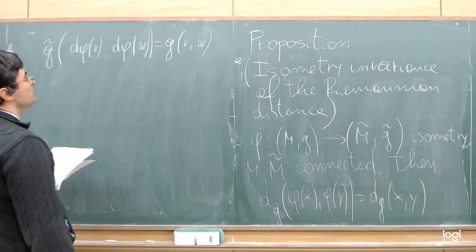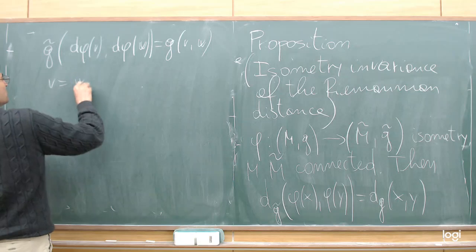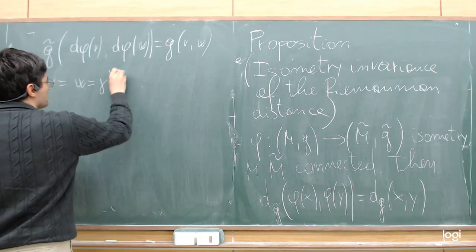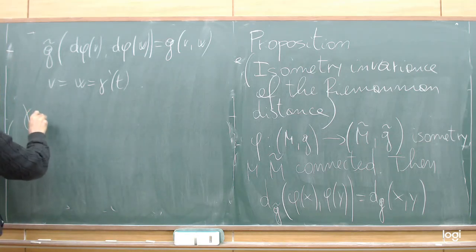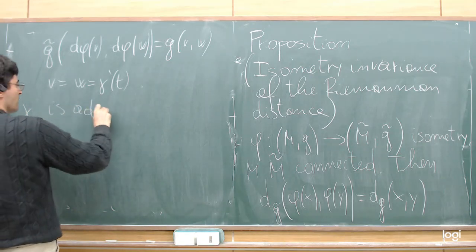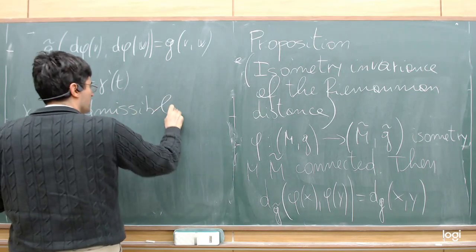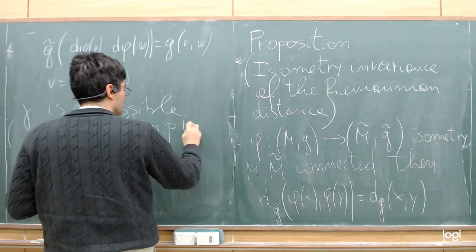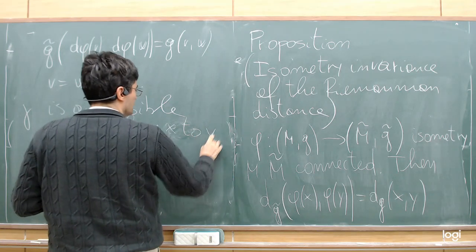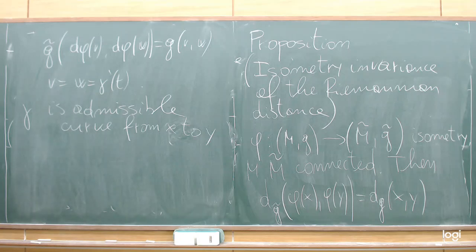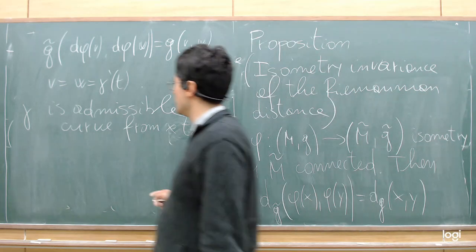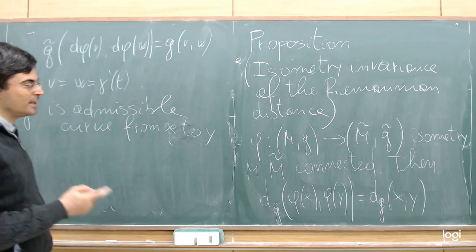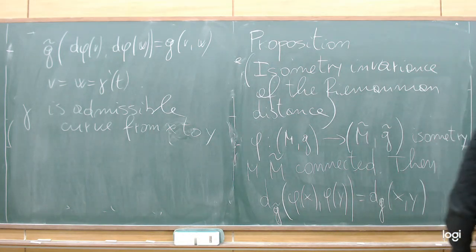You have to use this formula with v equal w equal gamma prime, where gamma is an admissible curve from x to y, and you will see almost immediately, using the formula for the length of a curve, and then taking the infimum, that this is equal to this.